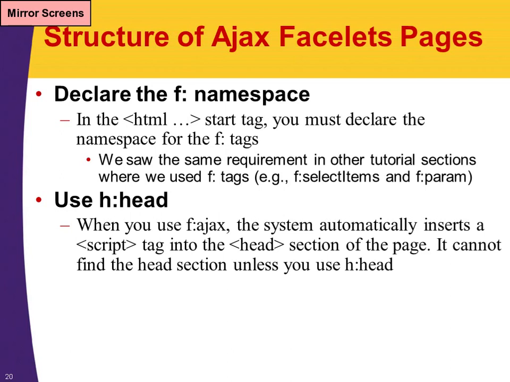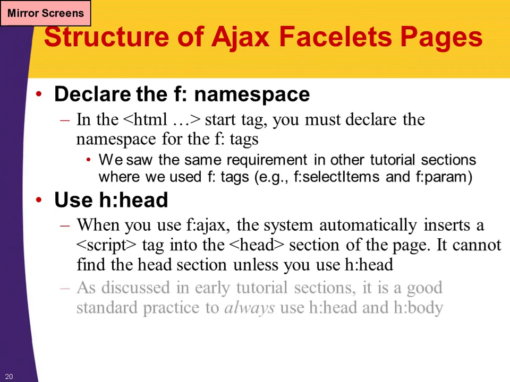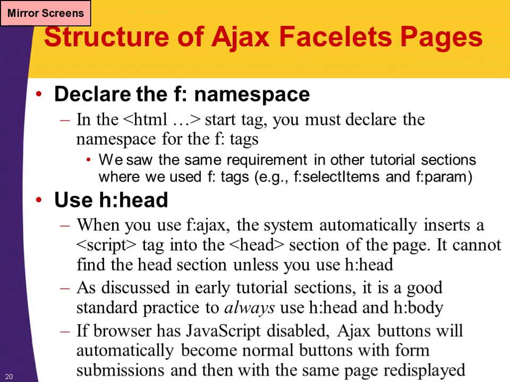The reason for that is if you use Ajax, Ajax has to be able to find the head section in order to put scripts in it, and unless you use h:head, it doesn't know what the ID is. Remember, the IDs, unless you specify them, are generated automatically every time the page gets loaded. So that's the reason that you use h:head, which comes from the other namespace. And it's always a good idea anyway.